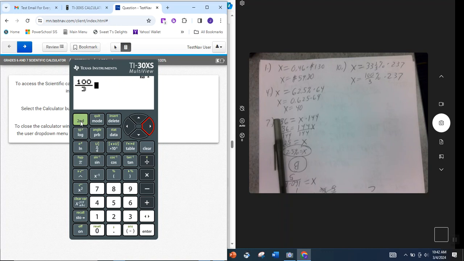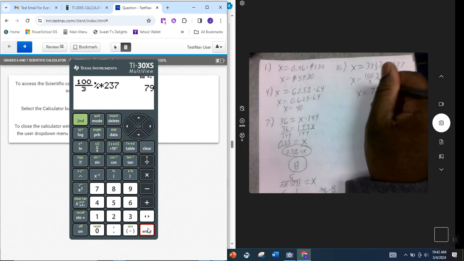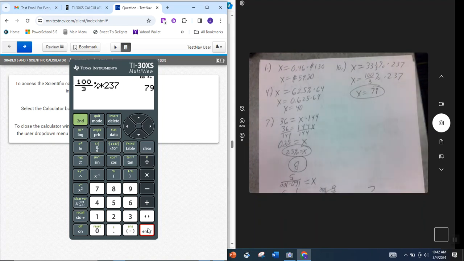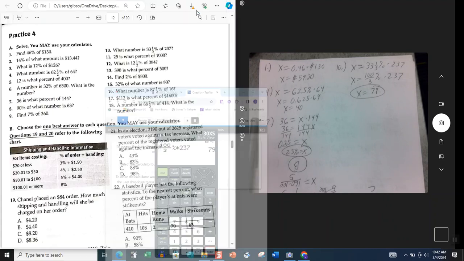So you will press second and then a percent sign. So this is 100 over 3%, and then times 237. And press enter. So that is 79. So x is 79. And that will be your final answer. Now, if you need to see this again, all you have to do is just rewind it, and you would see how you're supposed to do this.